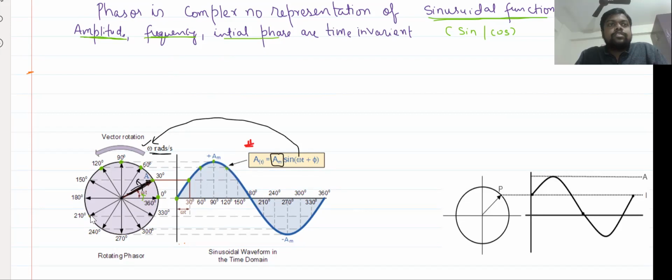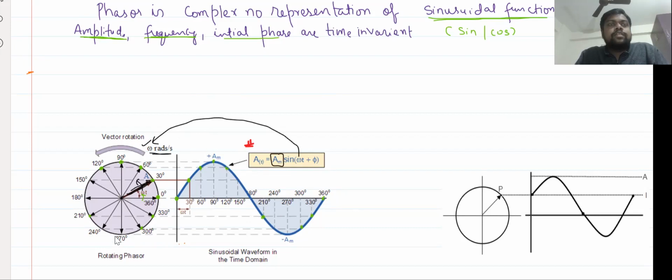Similarly, when it reaches 210-degree, 300-degree, 330-degree, mark here. When it reaches 360-degree, you can mark, then repetition will start. That means once this vector is rotating, you can draw the sine wave here.